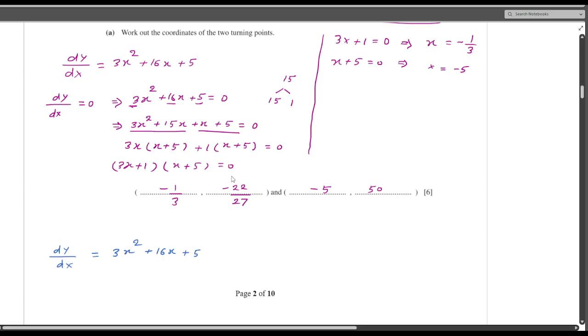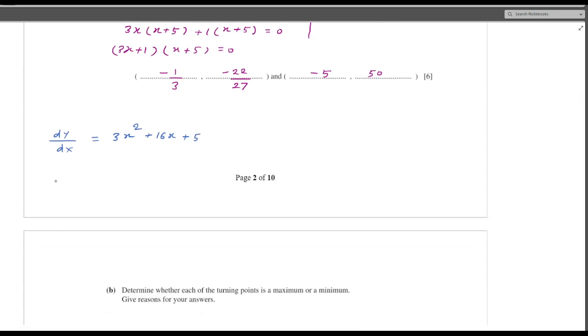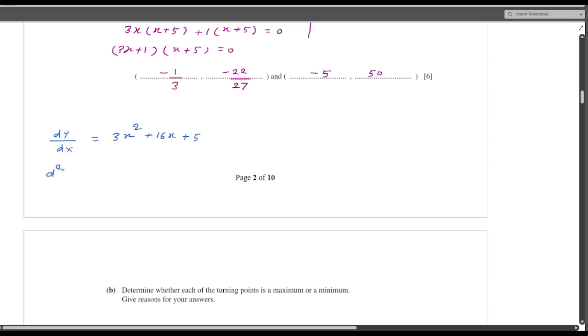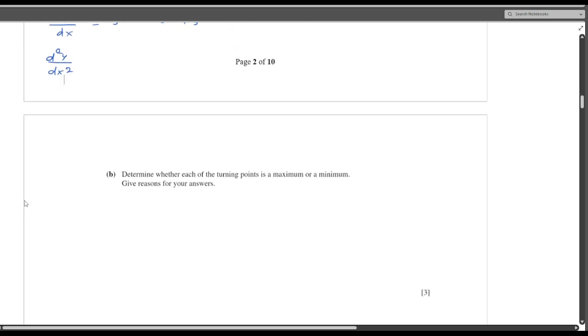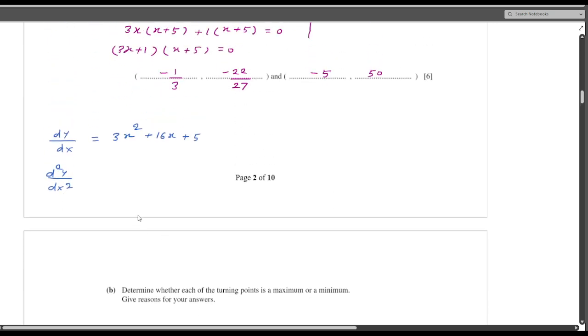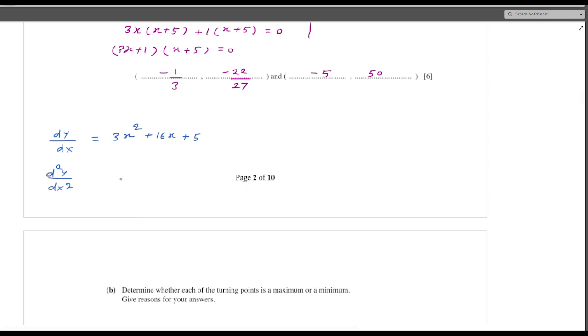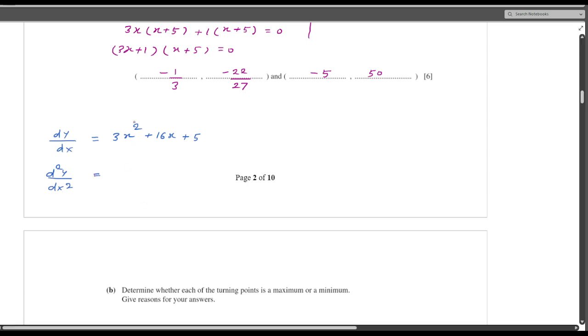What we do is differentiate this again, d squared y by dx squared. Basically I have to write all those things here, but as I have space, I am writing here. If I differentiate 3x squared, I get 6x, and the derivative of 16x is 16.